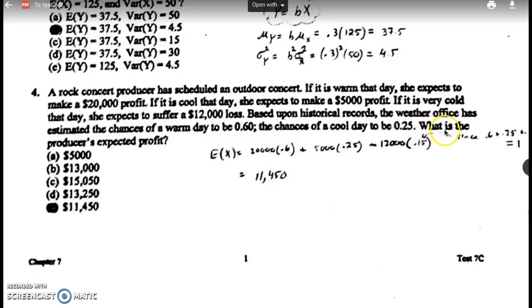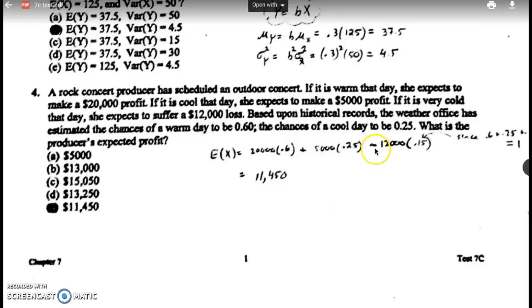And they want us to find what is the producer's expected profit. So we're looking for the mean value here. So the expected value, the mean value, is each expected profit times the probability of that type of day happening. So $20,000 profit times 0.6, because there's a 0.6 chance of it being warm, plus a $5,000 profit times 0.25, the chance of it being cool, and then we have a $12,000 loss.